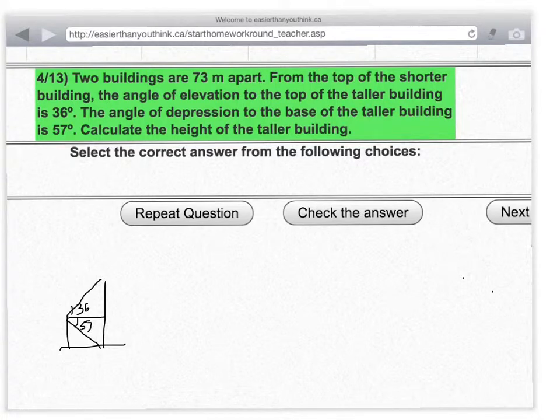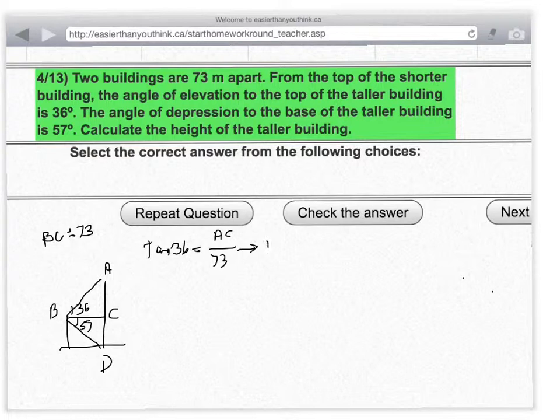If I call this quadrilateral A, B, C, D, I have to find the side AD, which is the height of the taller one. So I'm going to use two right triangles, ABC and BCD, and the trig ratios. I know that BC, the distance between the two buildings, is given to be 73. So tan 36 is equal to, in the upper triangle, AC over BC, which is 73.